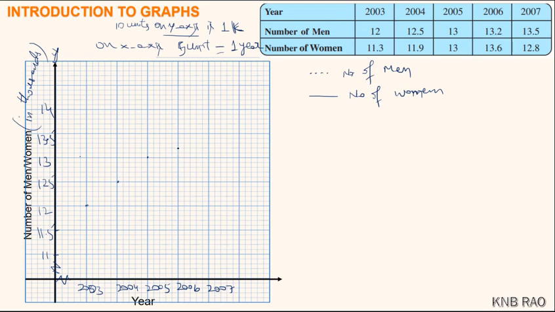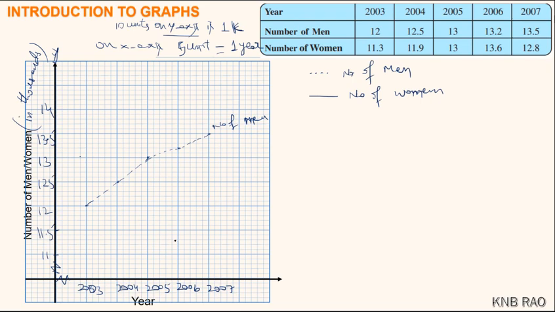So 13.2 becomes this one, and in the year 2007, 13.5 were there. So this is number of men in 1000.